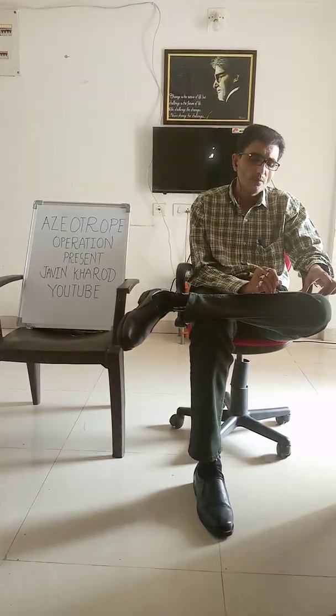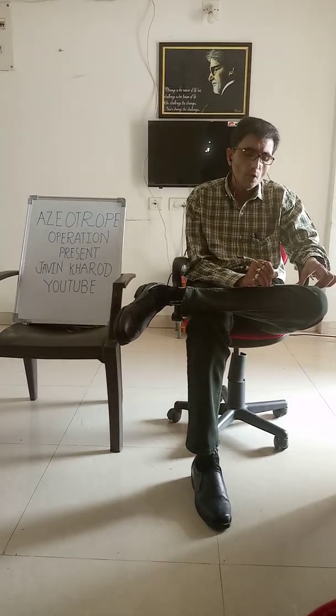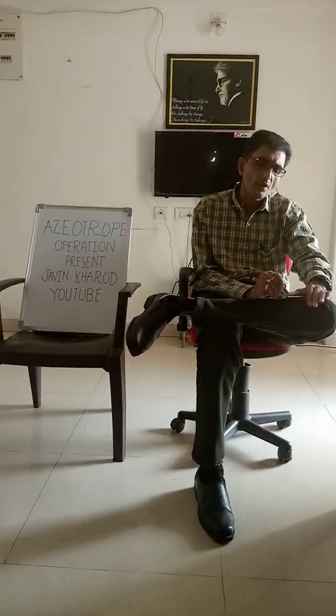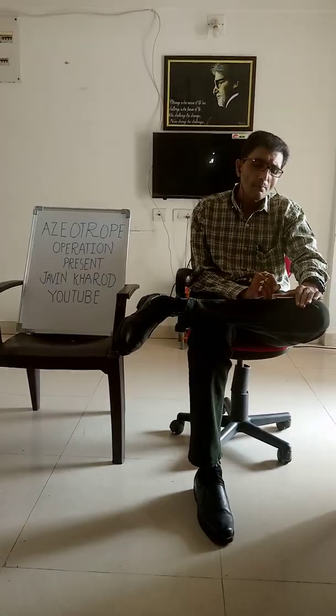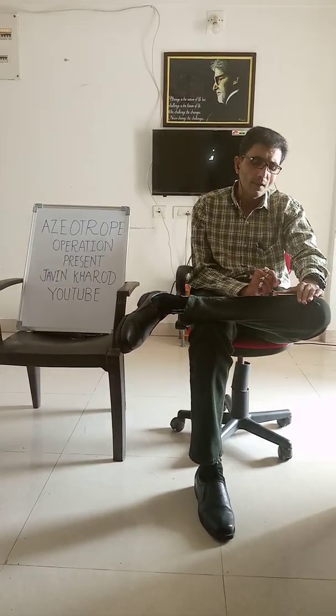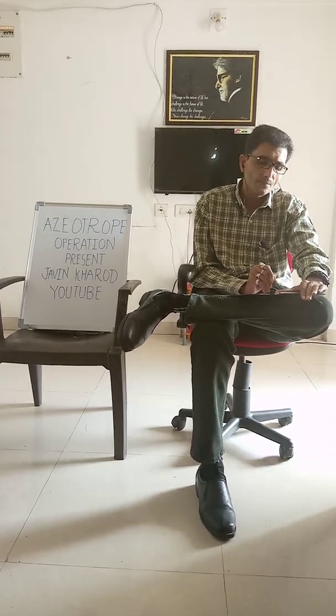An azeotrope, or constant boiling mixture, is a mixture of two or more liquids whose proportions cannot be altered or changed by simple distillation. This happens because when an azeotrope is boiled, the vapor has the same proportions of constituents as the unboiled mixture.